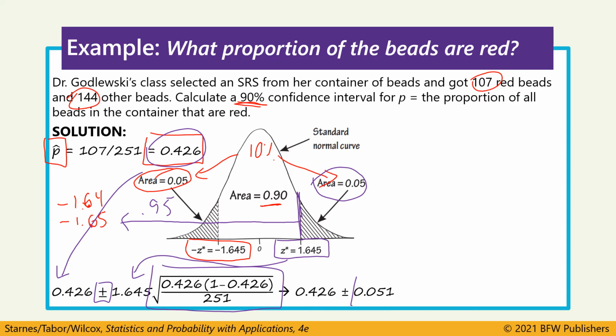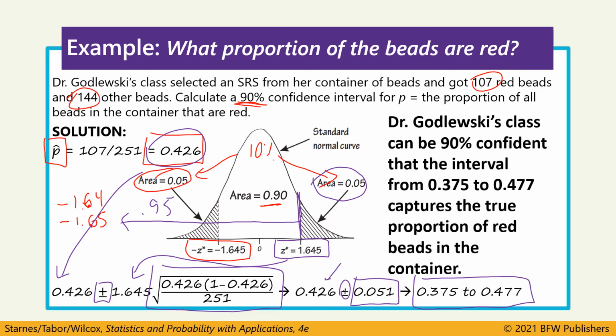The margin of error ends up being 0.051. That gets added and subtracted from our point estimate to get our interval, 0.375 to 0.477. And lastly, we always need to interpret our interval as the final step of the confidence interval.